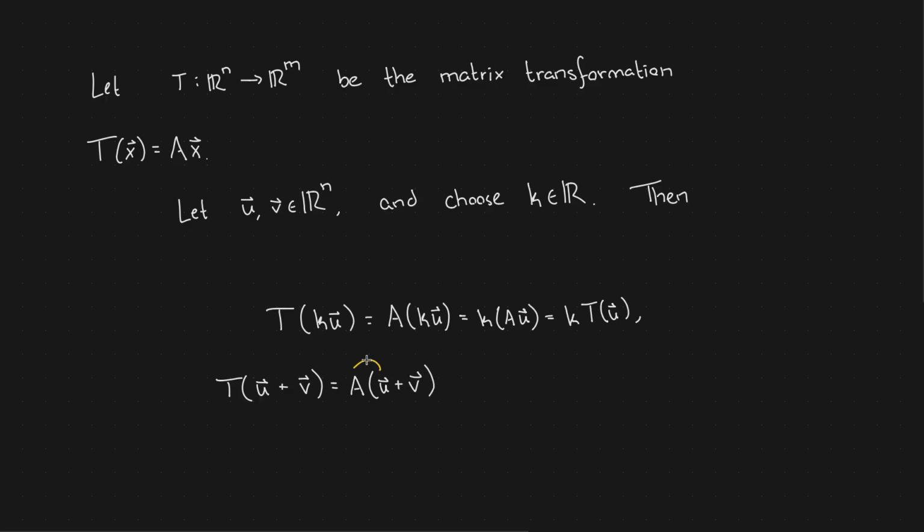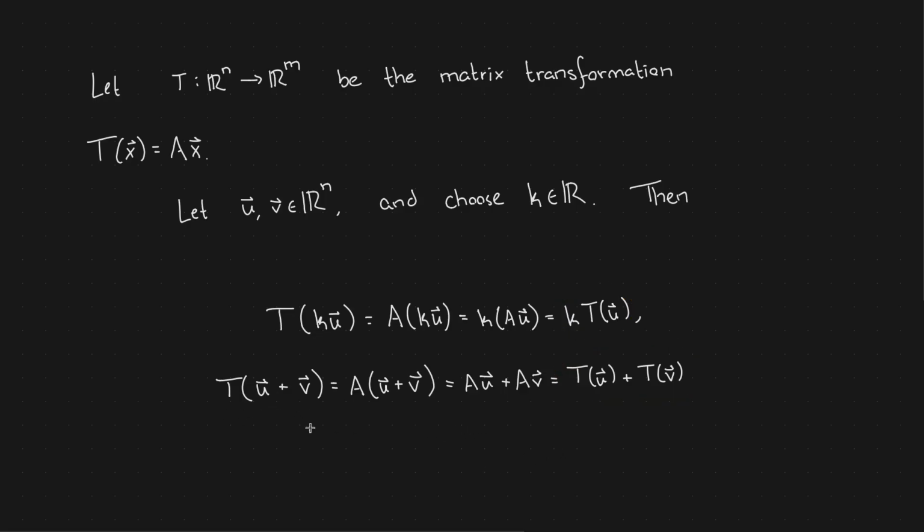And by distributivity, if I distribute matrix A in, I get Au plus Av, which is just T of u plus T of v. Now I want to be very clear that this property doesn't generally hold for any kind of function or even any kind of transformation, but for matrix transformations, these properties hold.